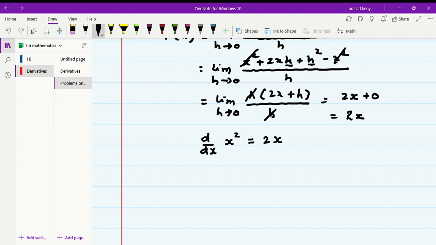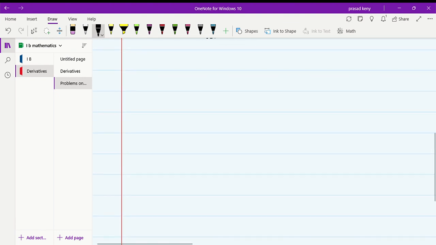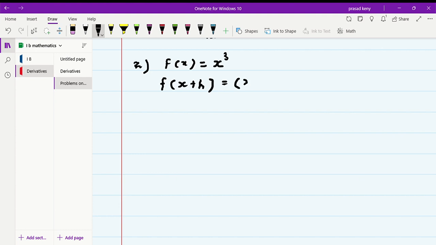Now let us take one more example here. Suppose I want to find out the derivative of x cube. So f(x) is equal to x cube. So f of x plus h, that is (x plus h) the whole cube.